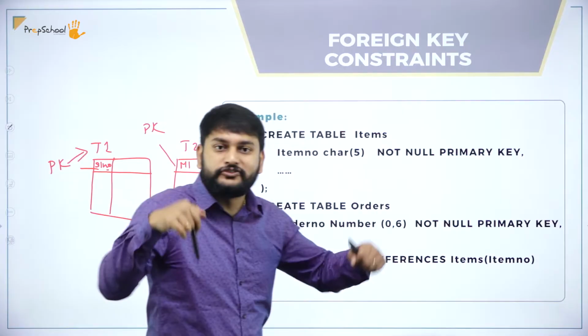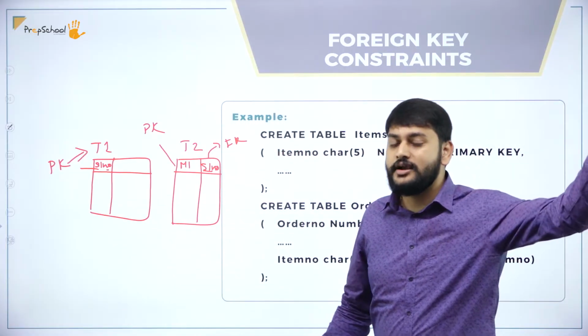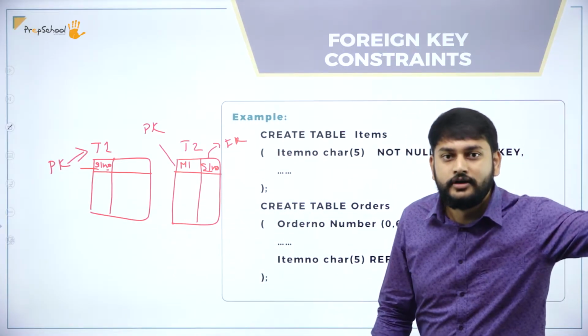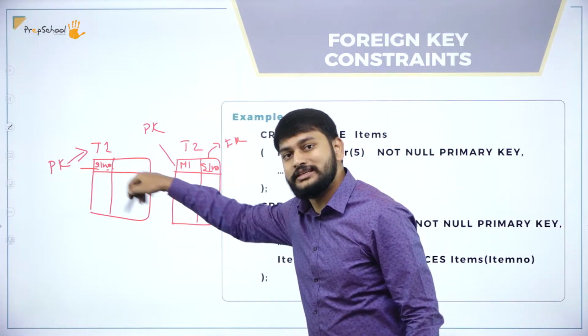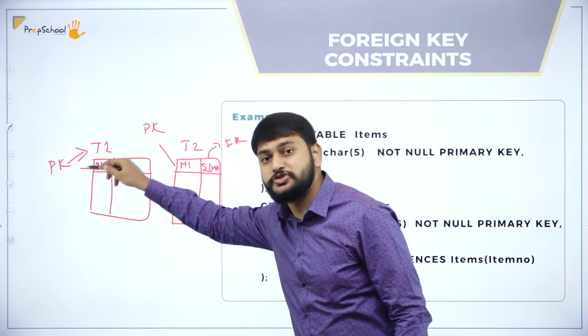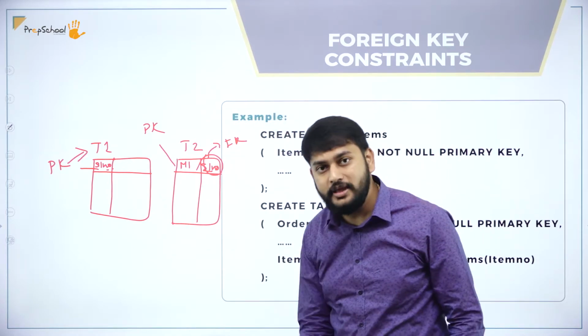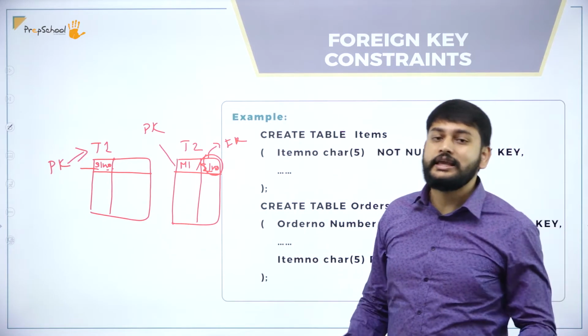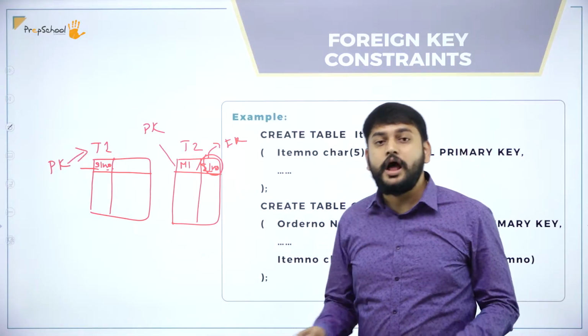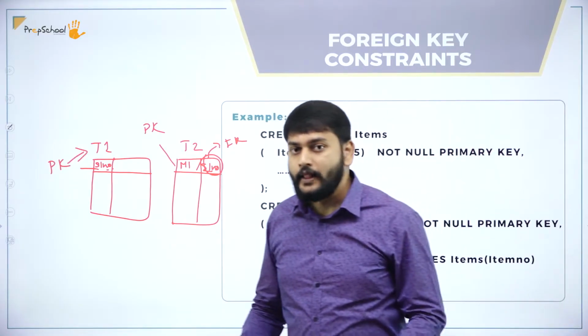I will be a citizen of this country, but if I go to some other country, I will become a foreigner. The same way here, this is a primary key, but if this primary key goes to some other table, then it will act as a foreign key in that table. Then how do I do that, sir? How do I do that?